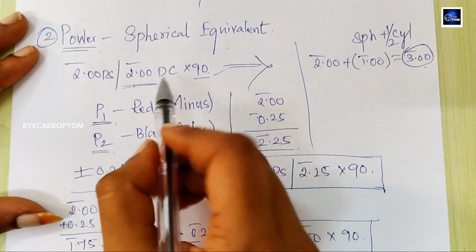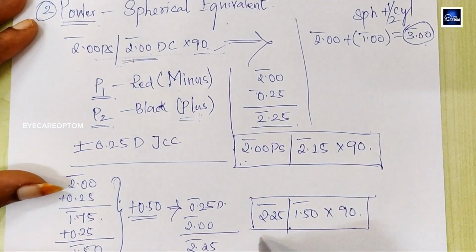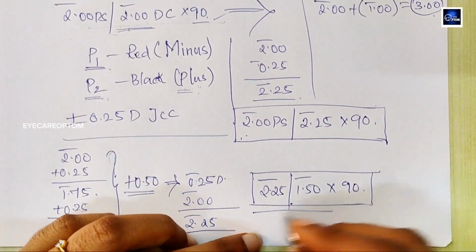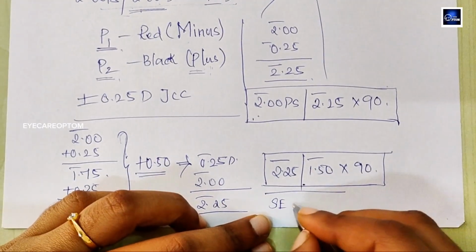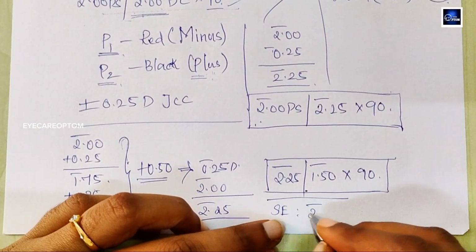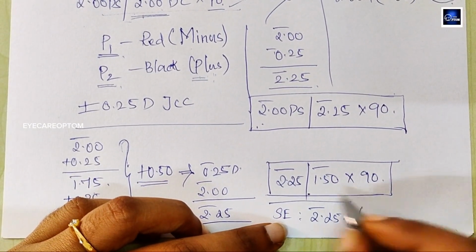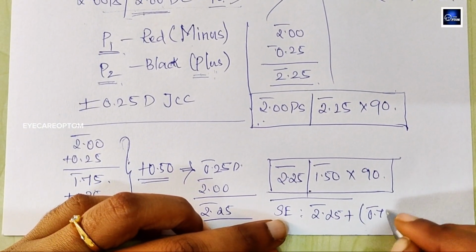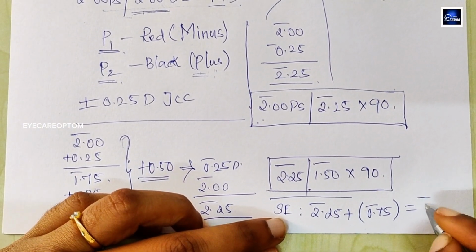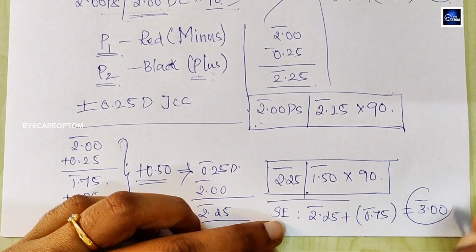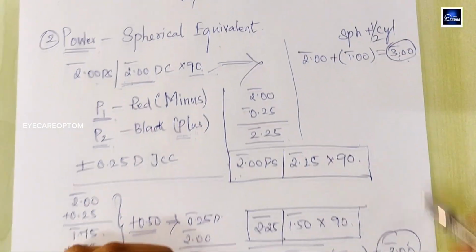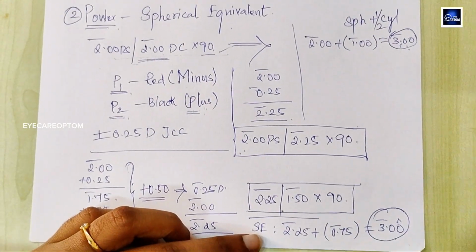This is the spherical equivalent for this prescription. Let's calculate for after refinement prescription. Spherical equivalent equal to minus 2.25 sphere plus half of the cylinder is minus 0.75 and its total is minus 3. So it's the same.